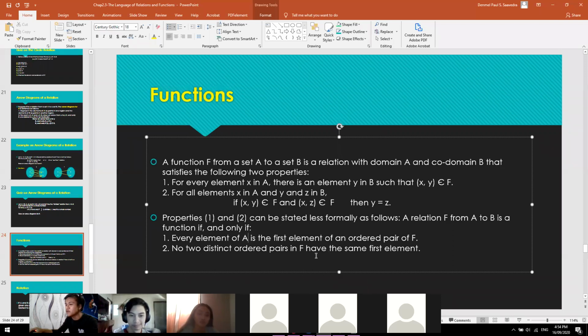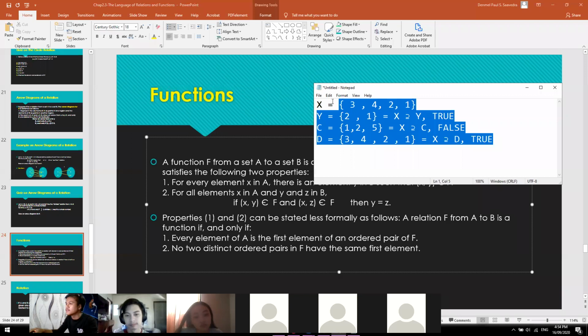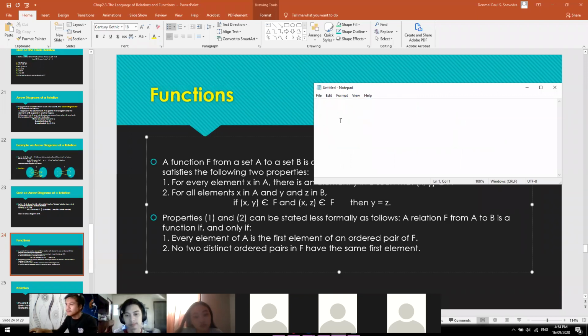Okay, so dapat daw, kapag meron ng partner yung X mo, isa lang yung partner niya. Hindi pwedeng sa isang X, dalawa yung partner niya. Okay, so one good example of this one is, function tayo.